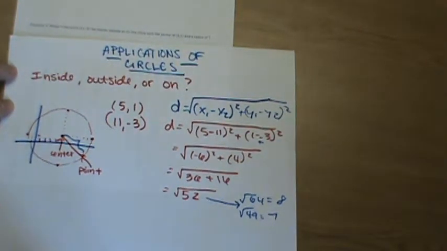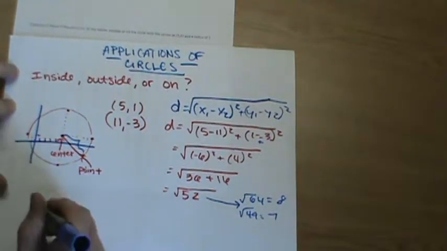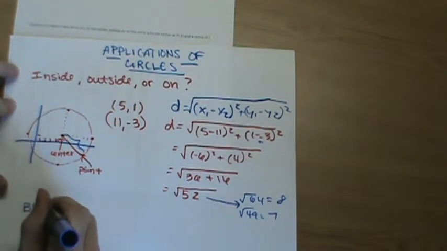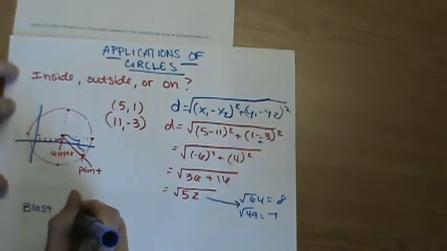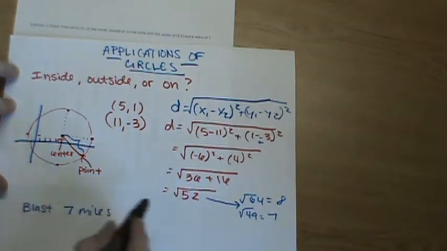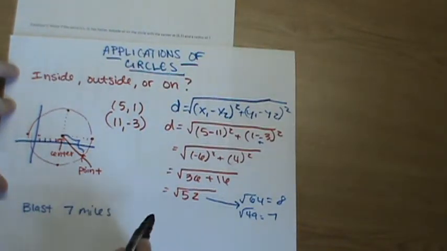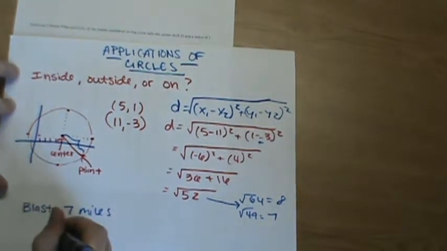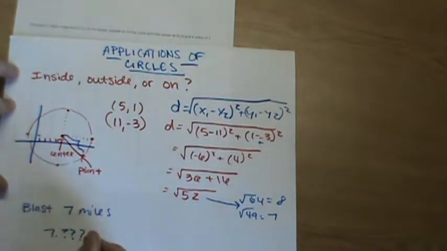So the square root of 52 must be 7 point something. Well, the blast radius is going to carry us out 7 miles. And we are standing the square root of 52, so 7 point something. I'm putting question marks right here because I don't know what it is. But I know that it's more than 7, so we're safe.